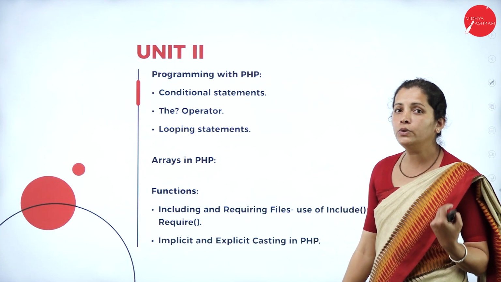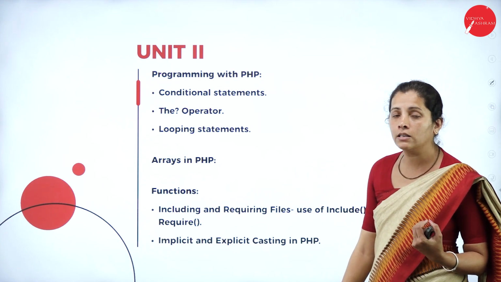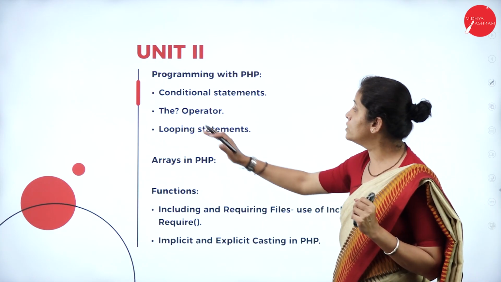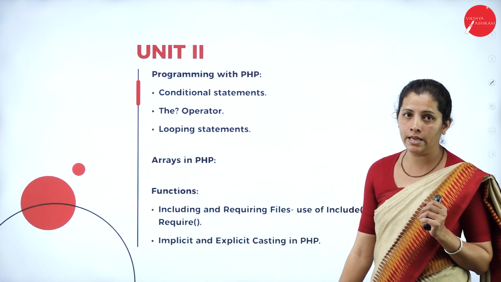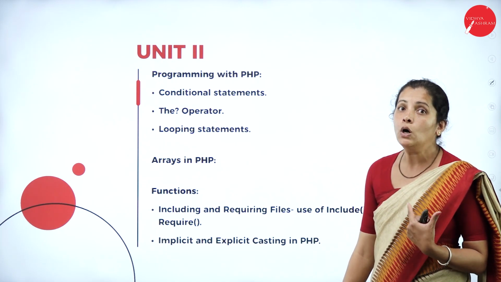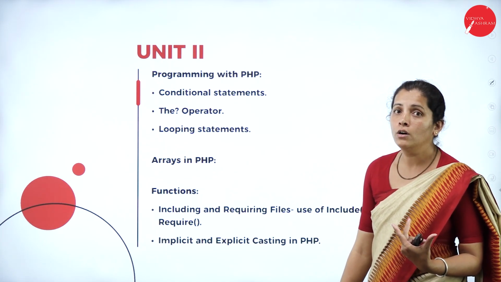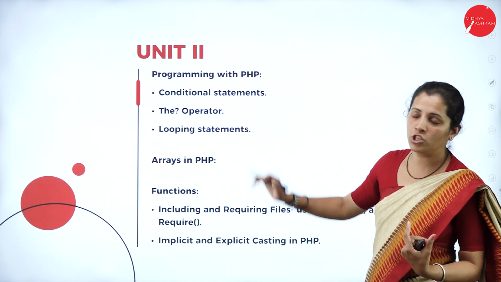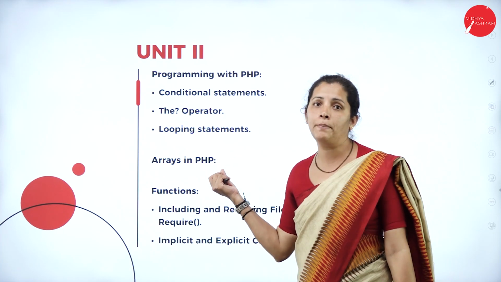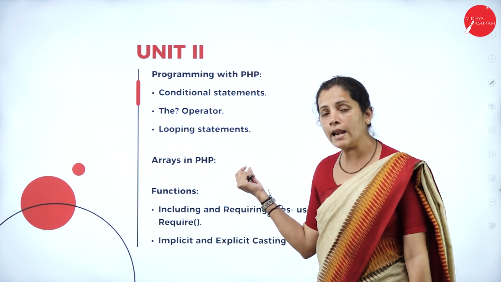Next, we are going to deal with the question mark operator. At the same time, we are going to study looping statements. In the sense what? How we can use while, do while or for loop in our PHP. At the same time, we will deal with arrays in PHP. So what is an array?